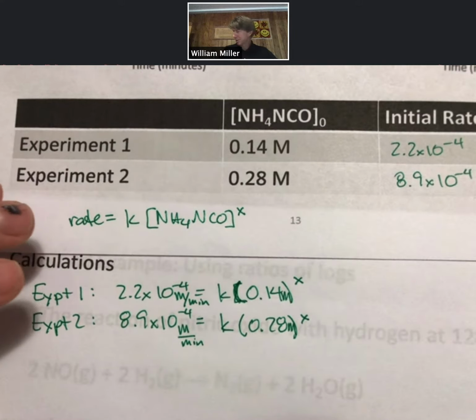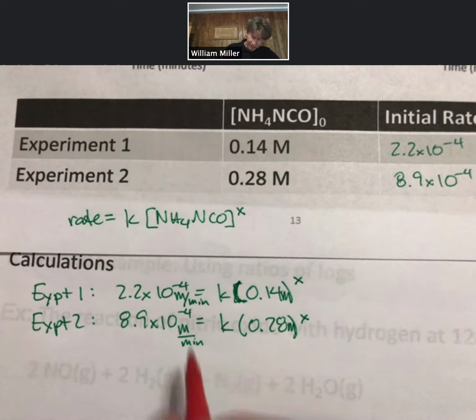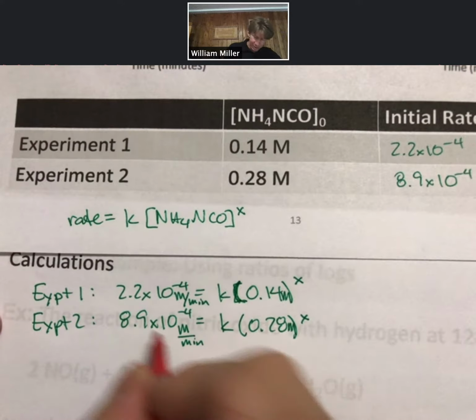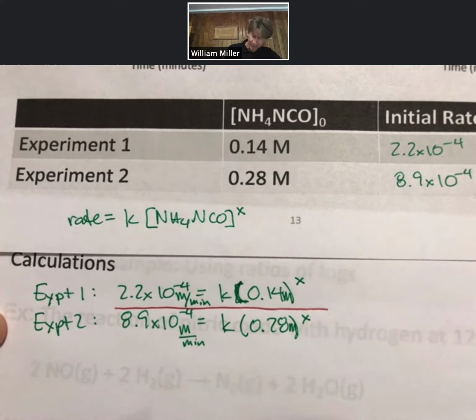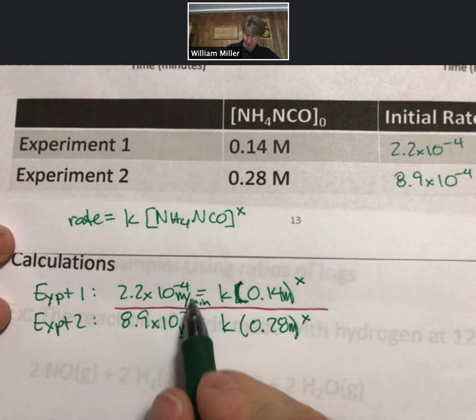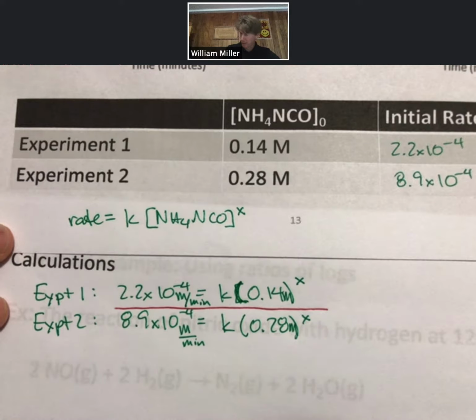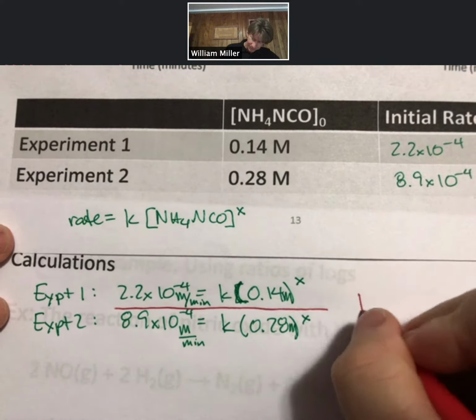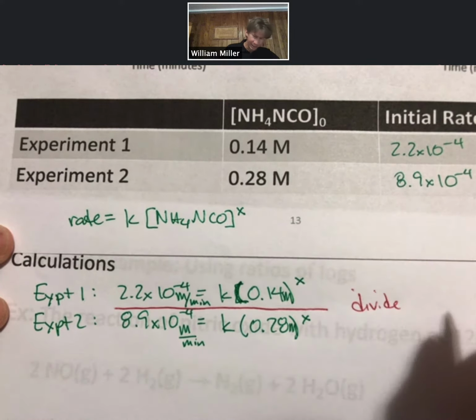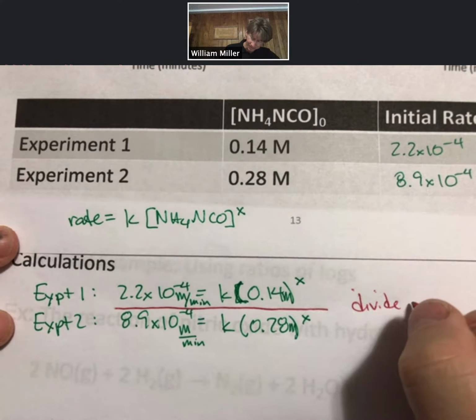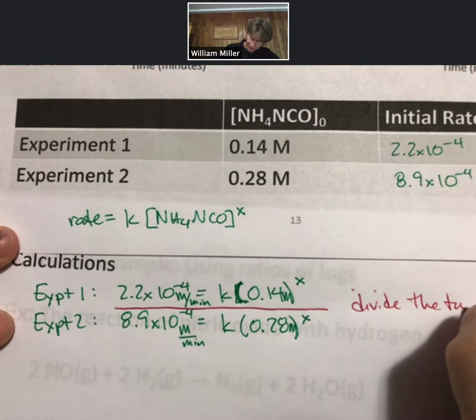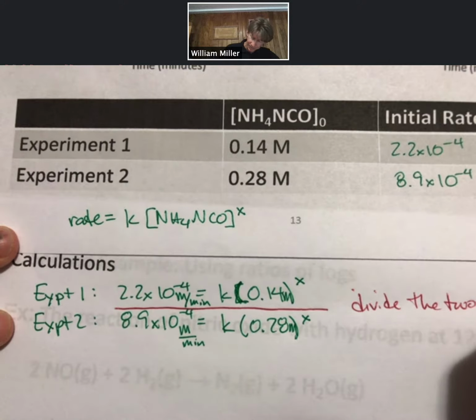Now here's the beautiful thing we're about to do. We're going to take these two equations, which are equal to each other, and divide them by each other. What we get is that, first of all, the units do cancel out, I'm very happy to say. Divide the two equations by each other.